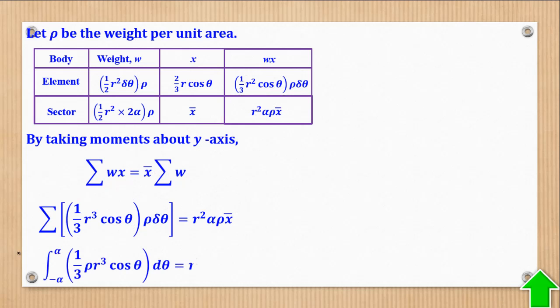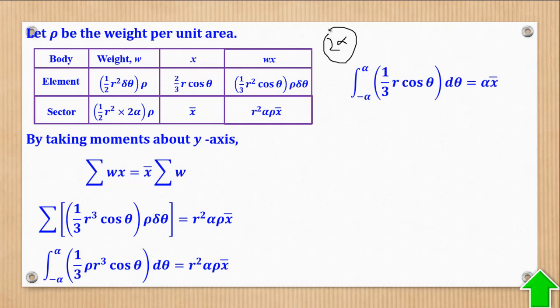So this summation sign becomes an integral. I think by now you know why. And this small change in theta becomes d theta. Then we integrate from negative alpha to positive alpha, because in the end you have to get 2 alpha.